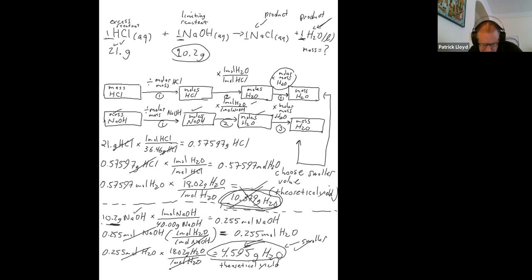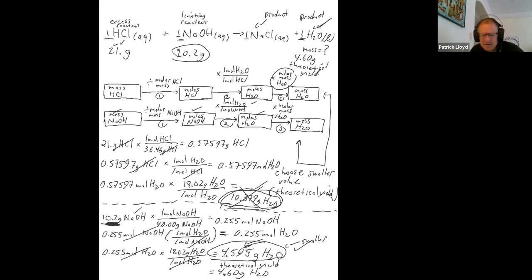So that's 3 significant digits. So our answer should be rounded to 3 significant digits. So 4.59, I guess you would round that up to 4.60. 4.60 grams of water produced. So 4.60, that's the theoretical yield.